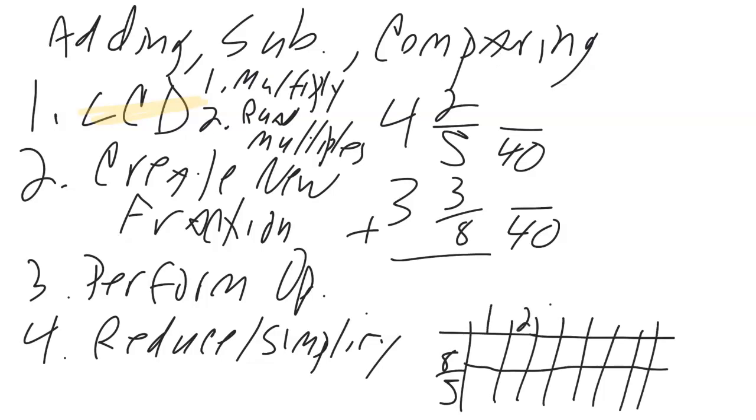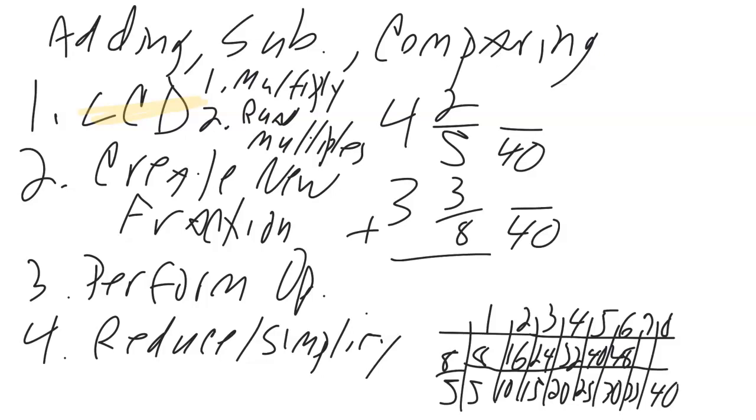So 1, 2, 3, 4, 5, 6, 7, 8. So 8 times 1 is 8, 8 times 2 is 16, 8 times 3 is 24, 8 times 4 is 32, 8 times 5 is 40, 8 times 6 is 48, and so on. 5 times 1 is 5, 5 times 2 is 10, 5 times 3 is 15, 5 times 4 is 20, times 5 is 25, times 6 is 30, times 7 is 35, and times 8 is 40.